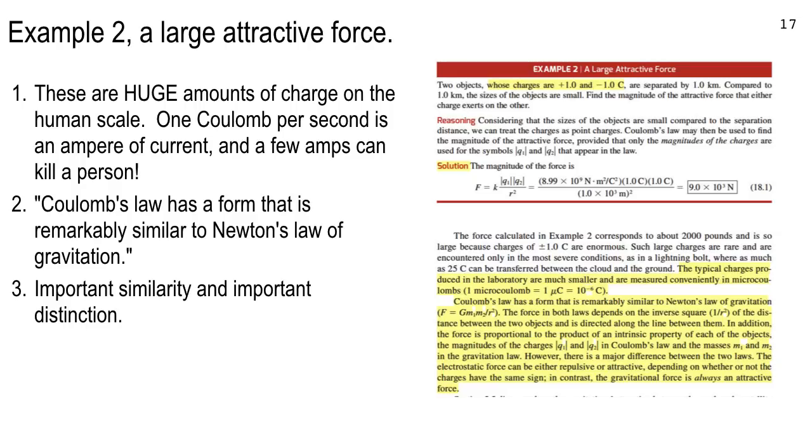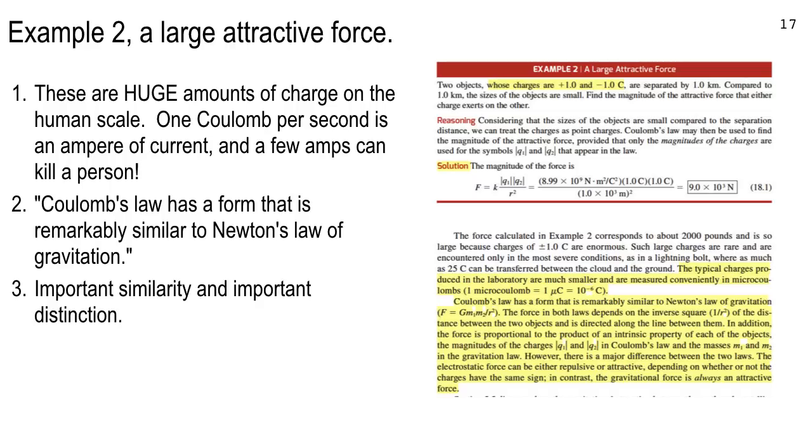They have a 1 Coulomb and a negative 1 Coulomb charge separated by a kilometer, and they're figuring out how big the force is. And it's pretty big. It's a lot of newtons.